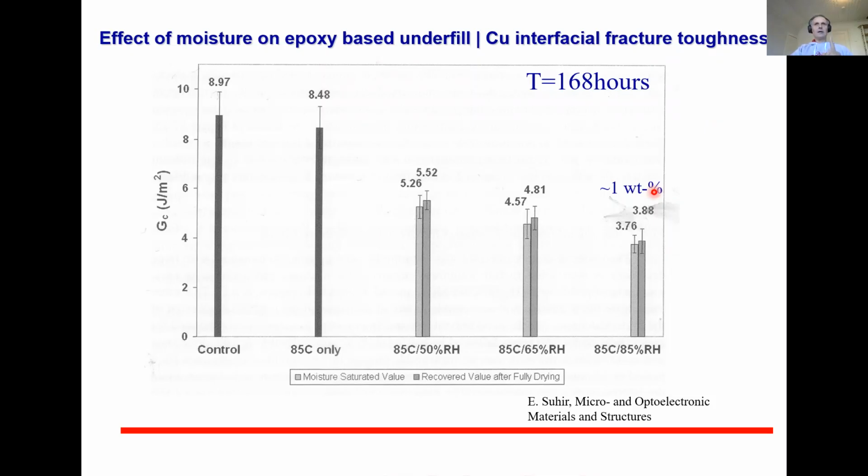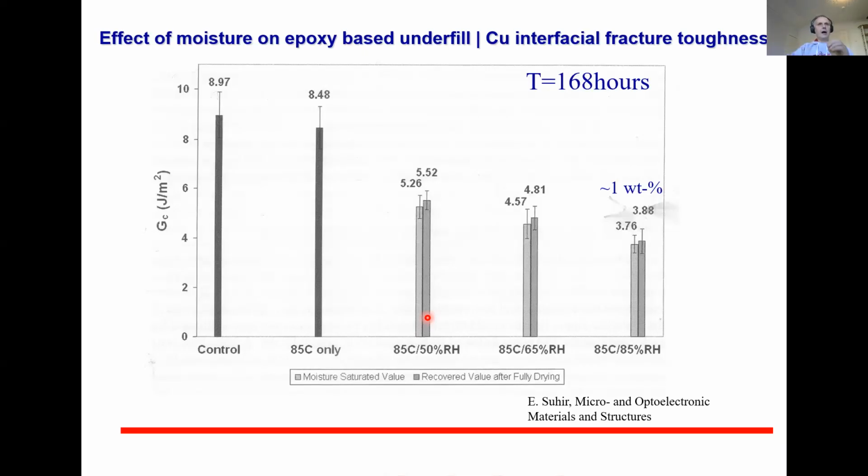But the other, maybe even more important thing, is if you compare the moisture-saturated value, immediately after the test, with the recovery value. Here, what they have done is, after the test, they put it in the furnace to get rid of the moisture.